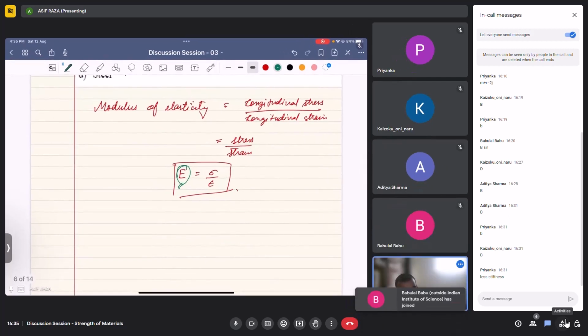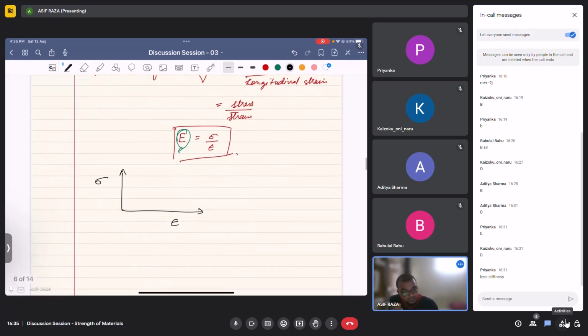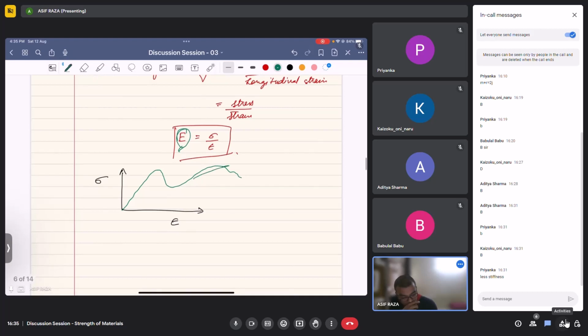And to give more insight into this, if you draw a stress versus strain plot, you must be knowing this, something like this. So this slope is the modulus of elasticity.